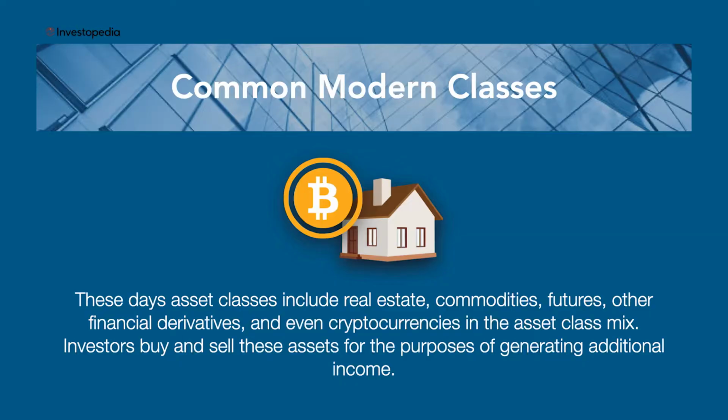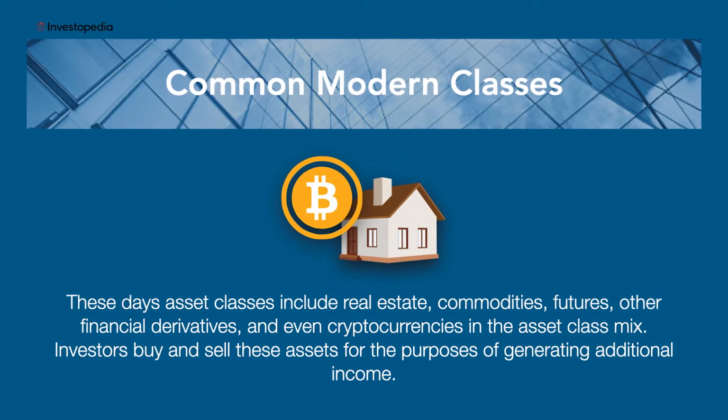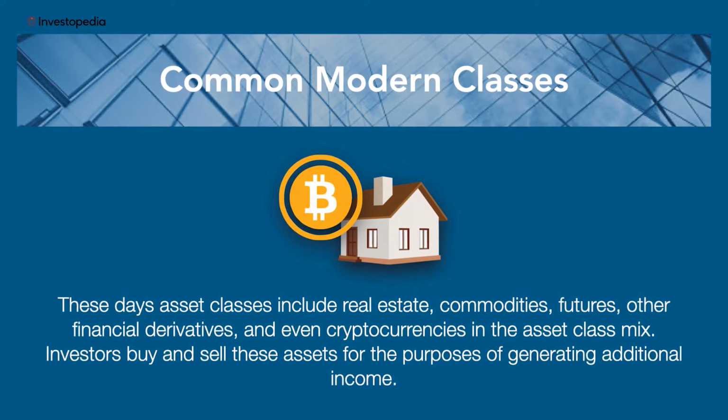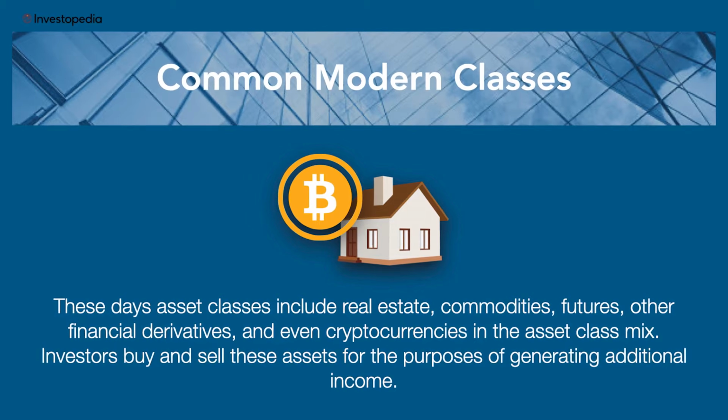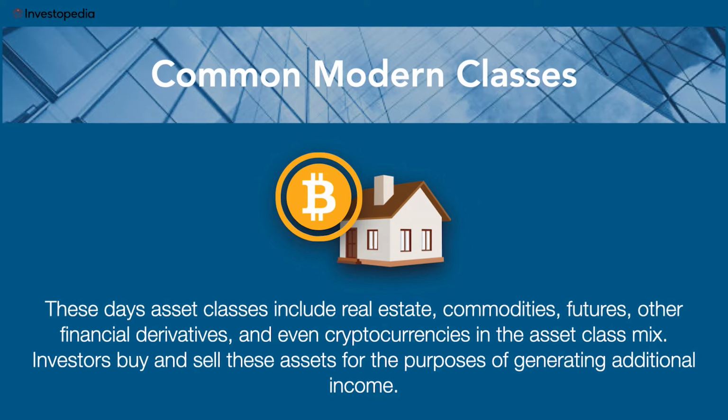So we're not saying do a REIT or don't do a REIT, but I'm just trying to give you the distinction between real estate and a REIT. A lot of entrepreneur clients I have, they're not really buying REITs, they're buying real estate. So like I said, these asset classes include real estate, commodities, futures, other financial derivatives, even cryptocurrencies in the asset class mix. Investors buy and sell these assets for the purposes of generating additional income.